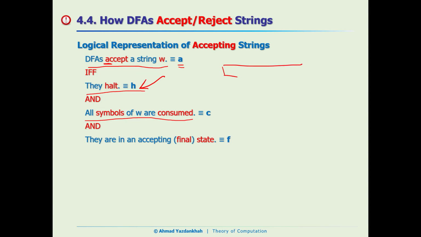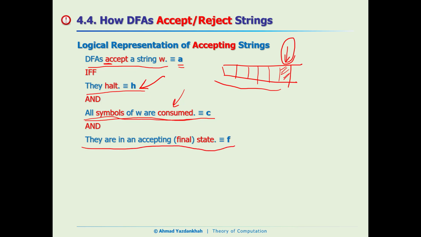When we have a tape with a string written on it, until we finish the last characters, and the cursor does not point to the empty cell, the machine does not stop. So this is another condition for accepting the string. What else do we need? The machine should stop in a final state or accepting state.